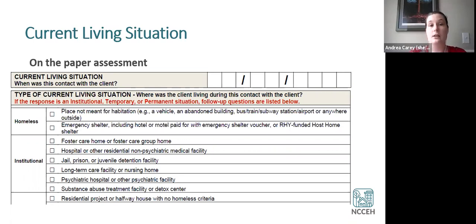So it's possible that you meet the client, they're presenting for services, you're completing that project start, and the night before they were couch surfing, but right now they are homeless, or right now they are staying in a hotel room paid for by a nonprofit, right? So you can see how it's likely that prior living situation and current living situation will line up and be the same, but it's possible there'd be some differences there.